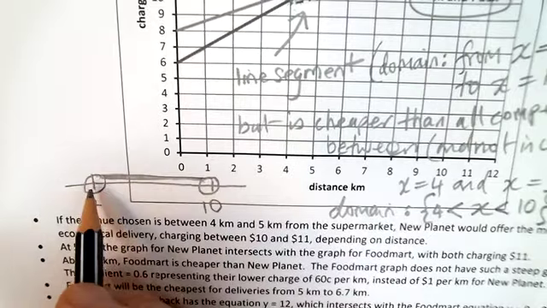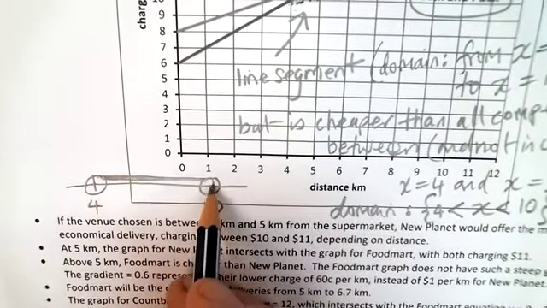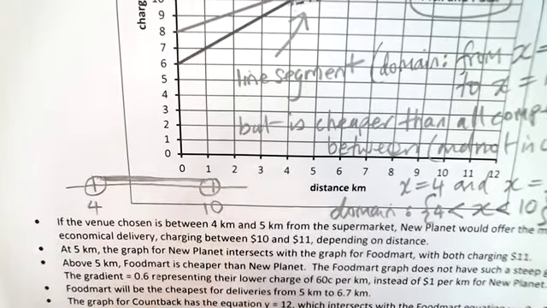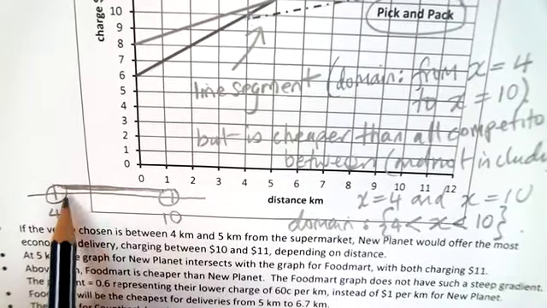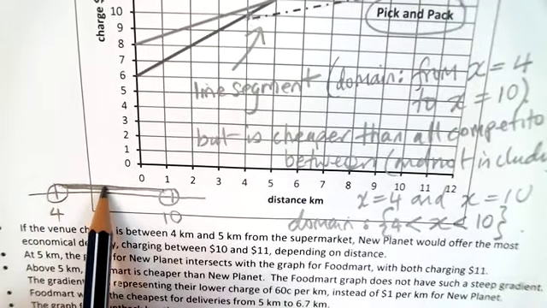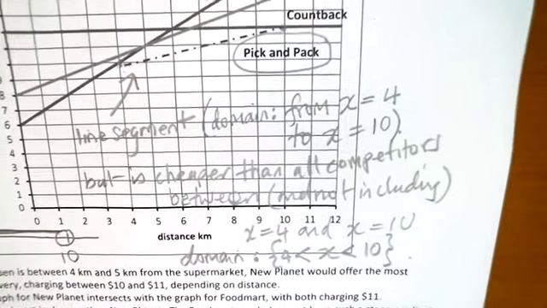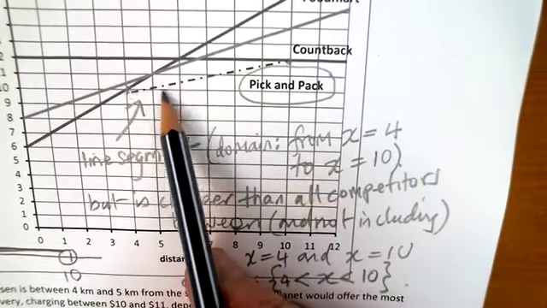Because at 4, it's actually the same price. At 10, Pick and Pack is actually the same price. We want to make it so it's going to be less than those prices. So it has to be greater than 4 and less than 10. And you could say that too. But you do want to say that if you want maximum marks.